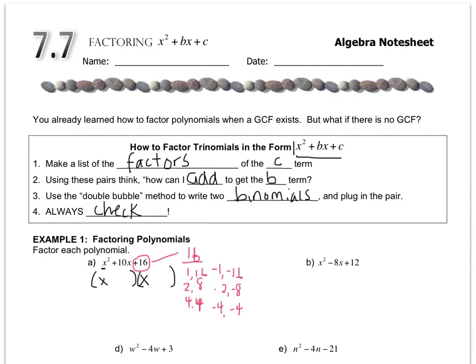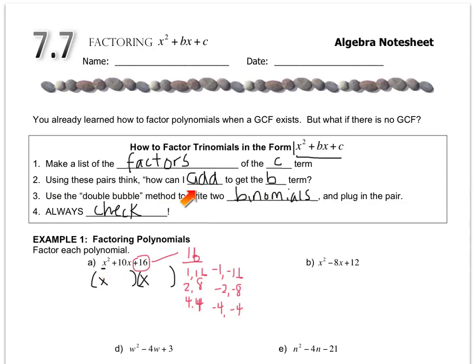So now we go to step 2. Using these pairs that we've just listed, you think, how can I add each particular pair to get the number in the B spot? So 10 is in the B spot. Which pair here gives you a positive 10 when you add them?